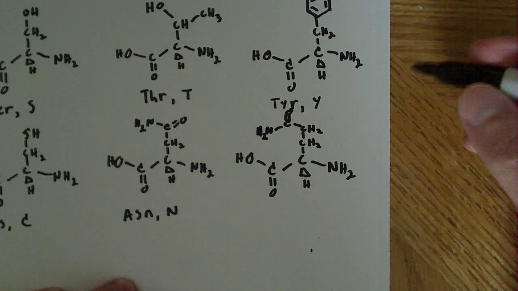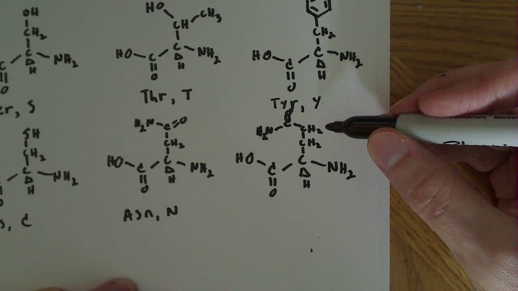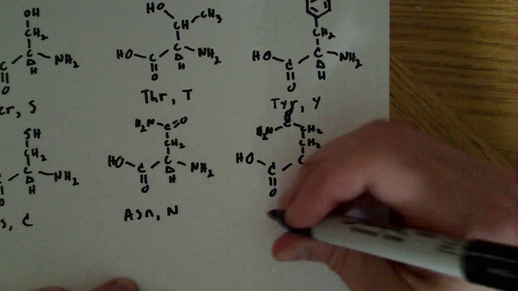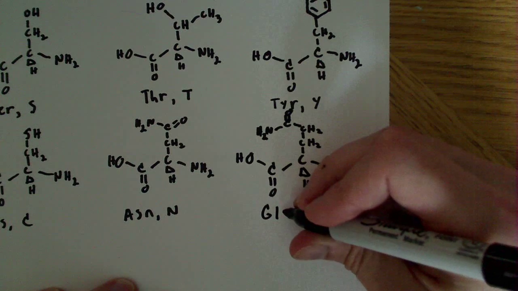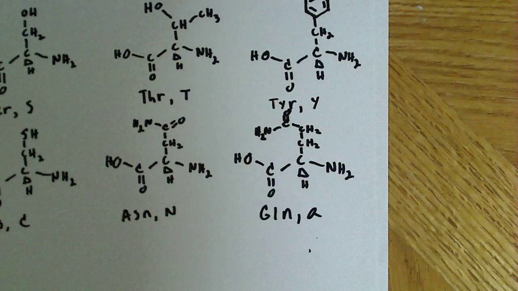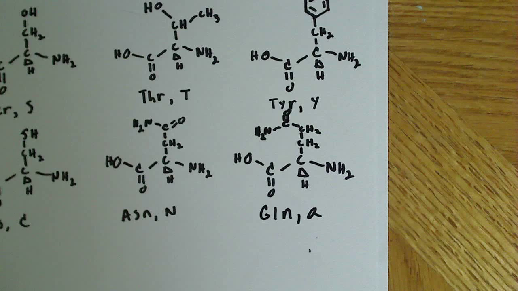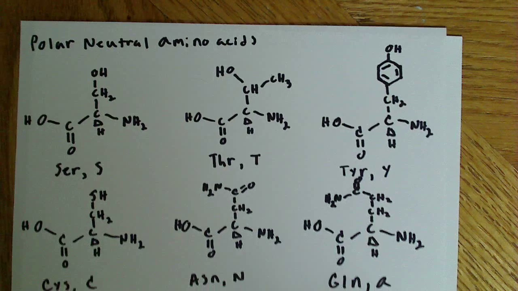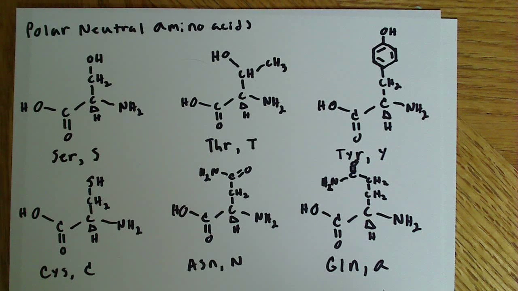Sorry, it's a bit sloppy there, but CH2, CH2, C, NH2. And that's GLN, Q as the abbreviation. So those are the 6 polar neutral amino acids.